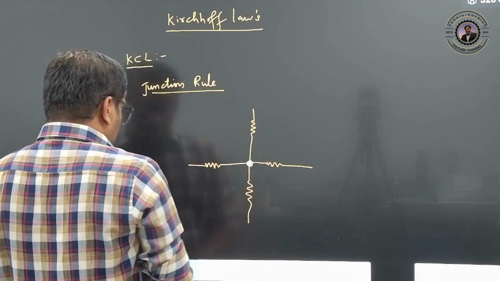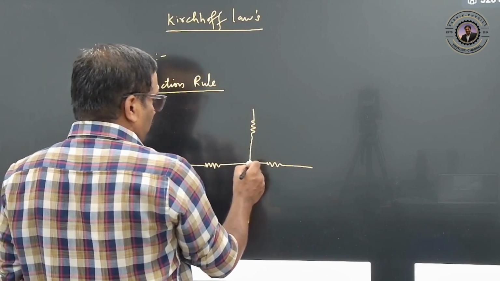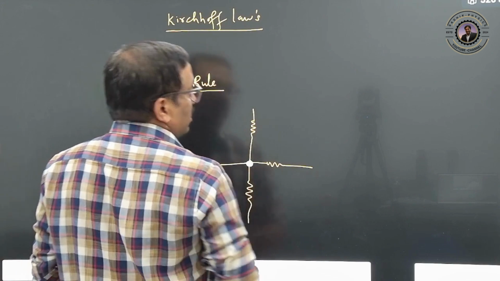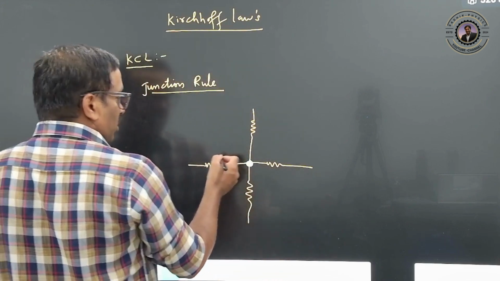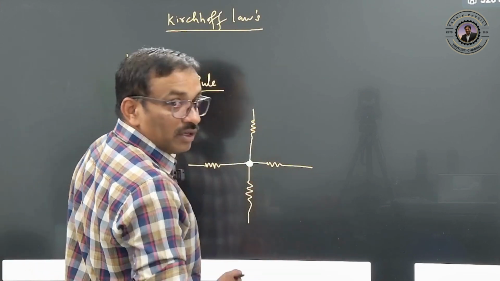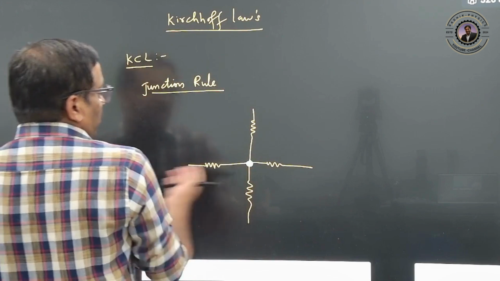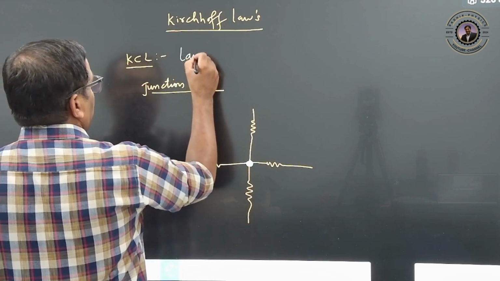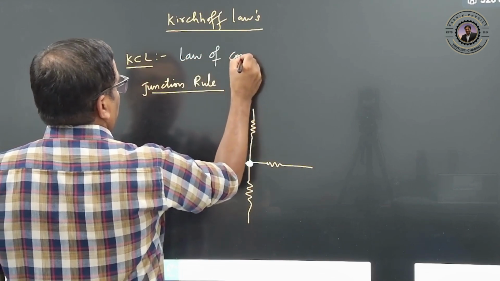So at the junction, how much charge is entering, that much charge is leaving. That is nothing but our law of conservation of charge. So this is based on the law of conservation of charge.